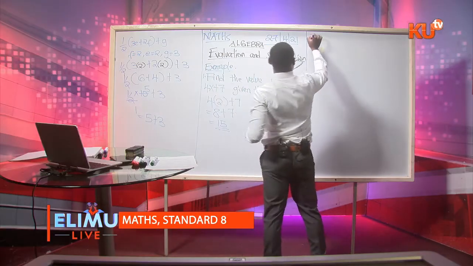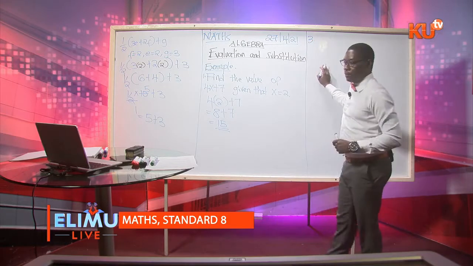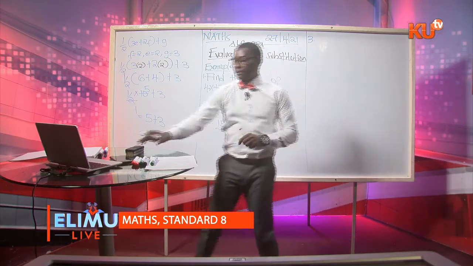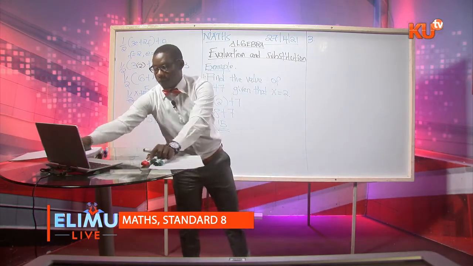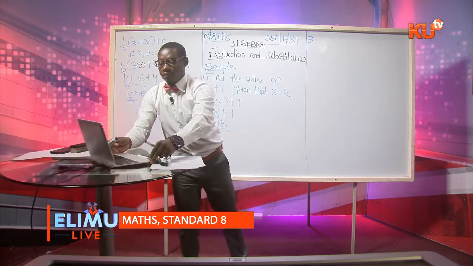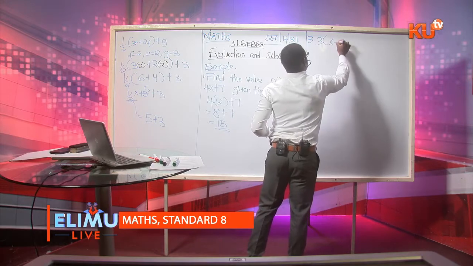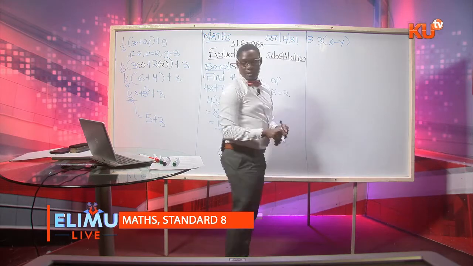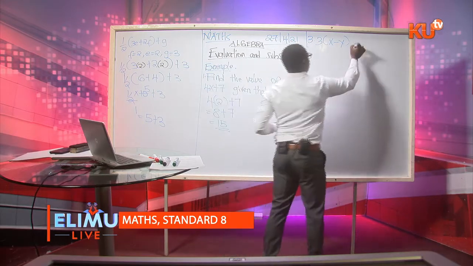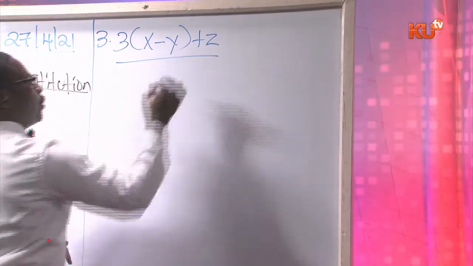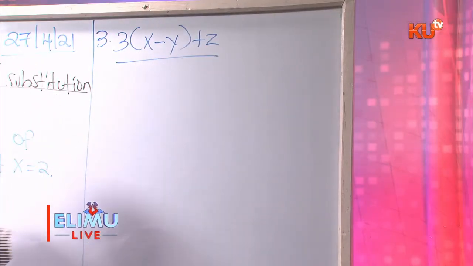So example number 3 will be 3 into brackets, x minus y, close the brackets, plus z, over 2x minus y.